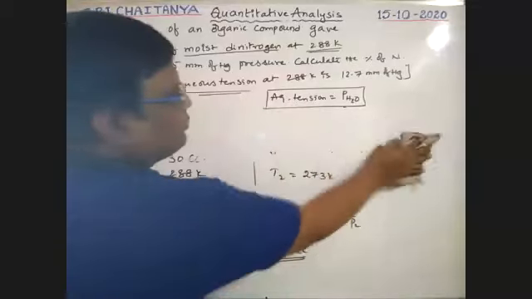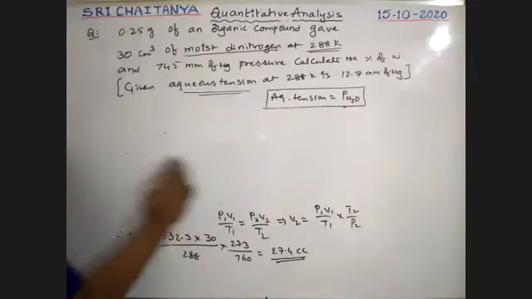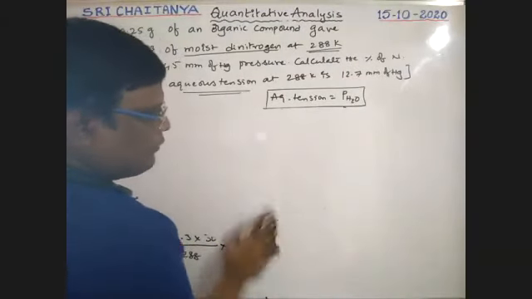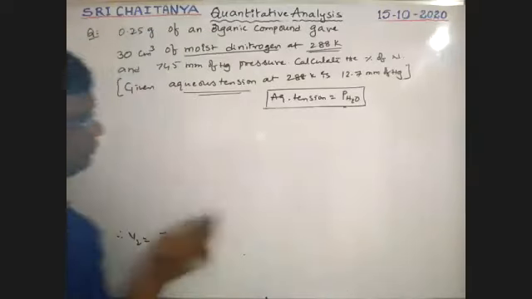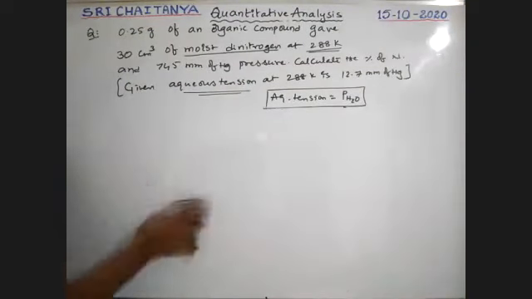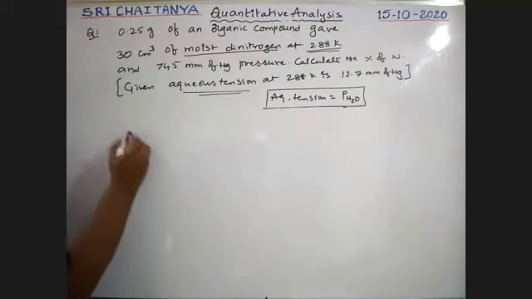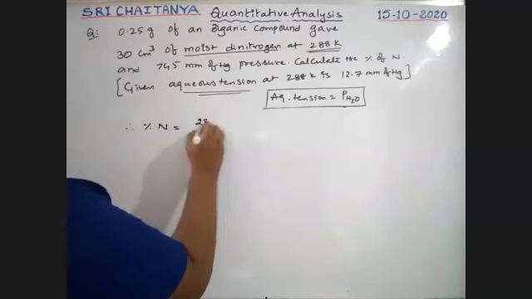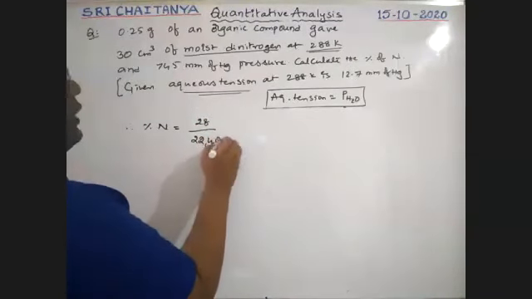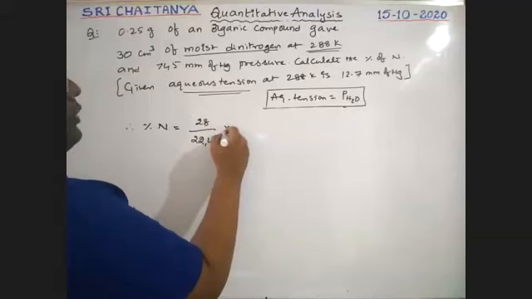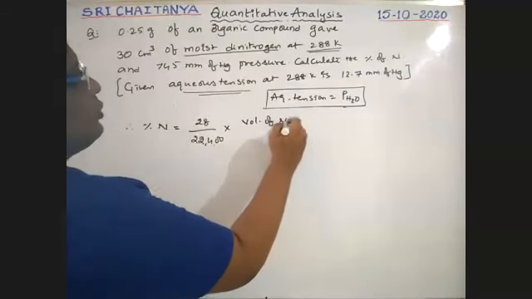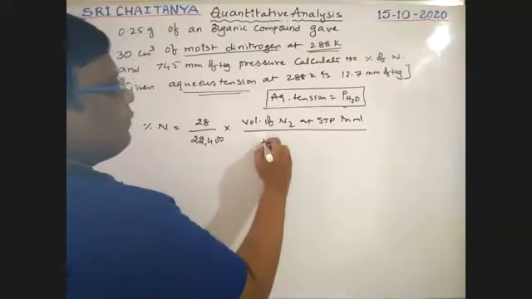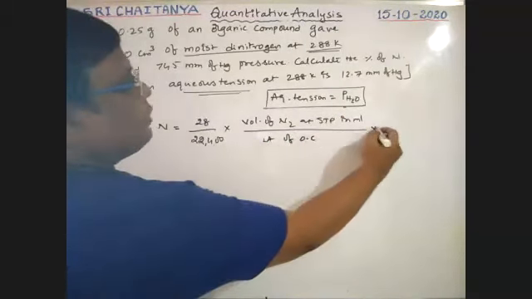Apply our formula. Please try to remember it. Therefore, percentage of nitrogen is equal to 28 by 22,400 into volume of N2 at STP in ml by weight of organic compound into 100.